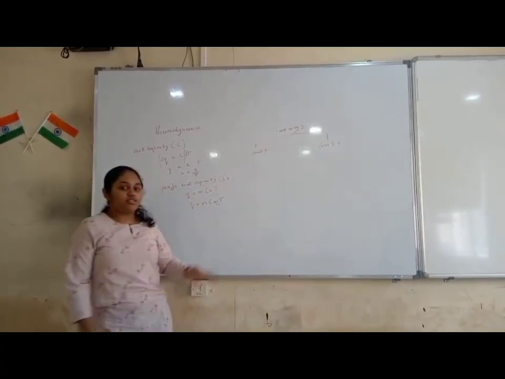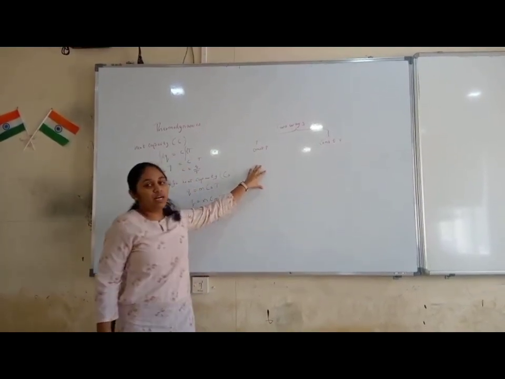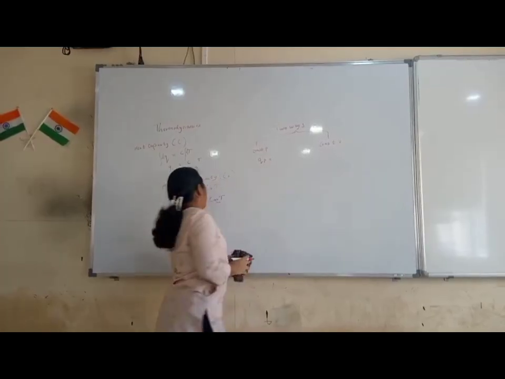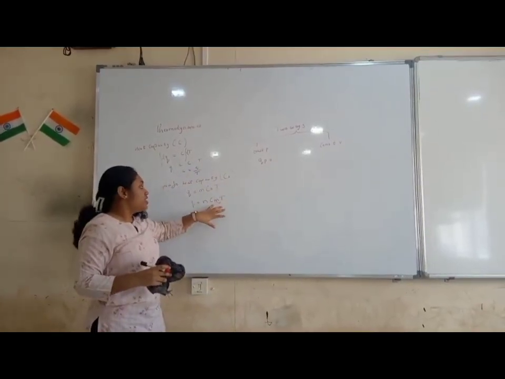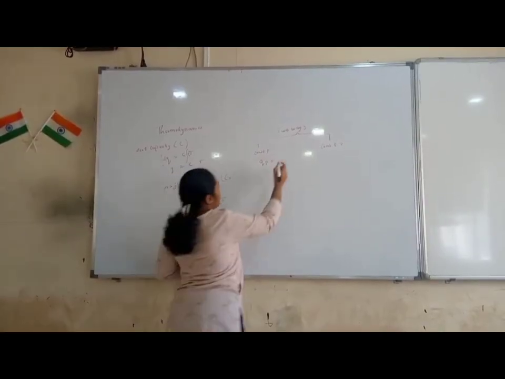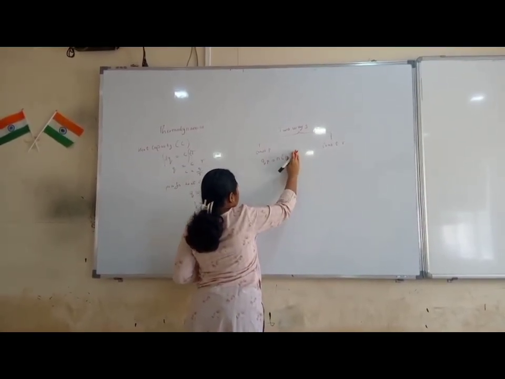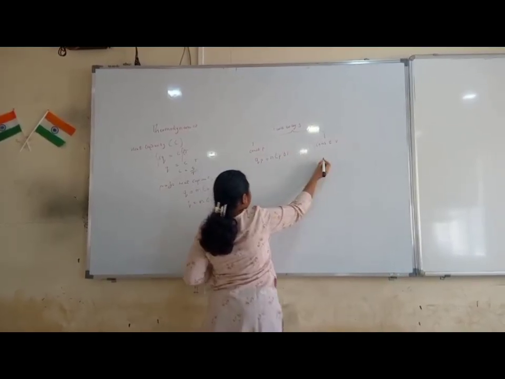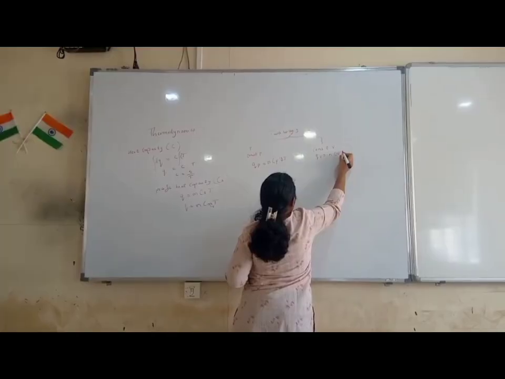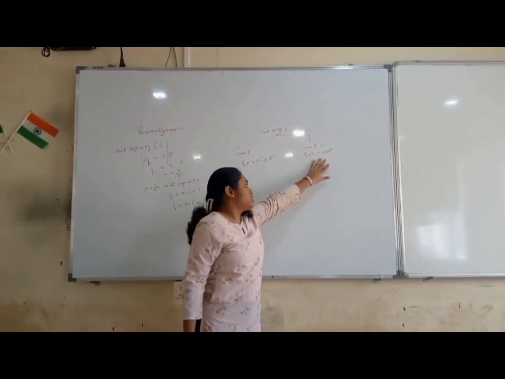If we give heat at constant volume, it will be QV, and at constant pressure, it will be QP, and the heat capacity will be CV and CP.